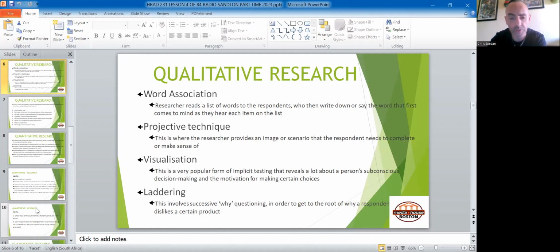Okay, so word association: the researcher reads a list of words to the respondent, and then they write down the word that first comes to mind as they hear each item on the list.